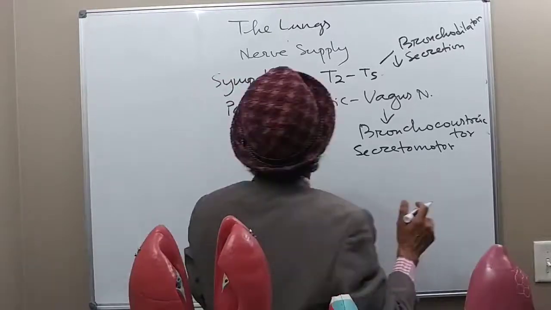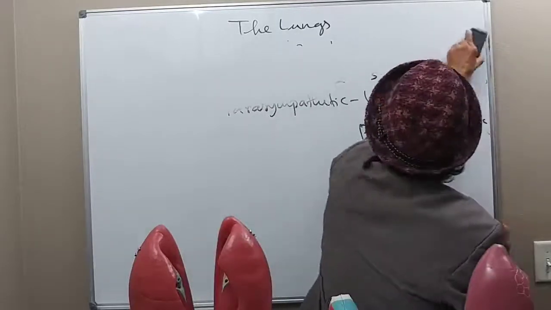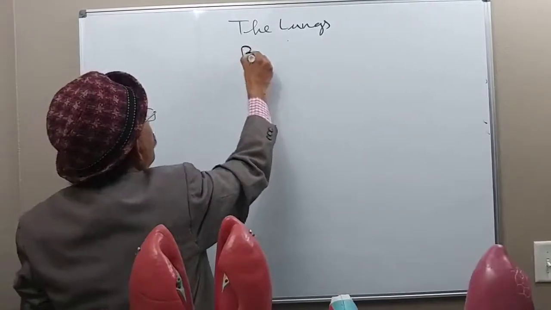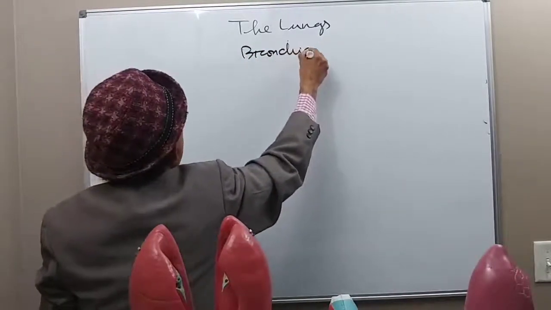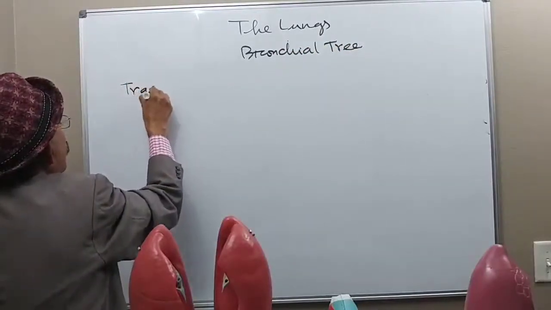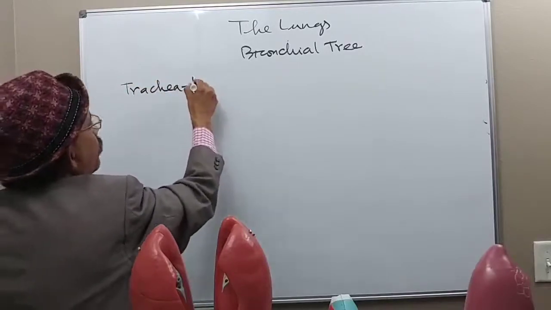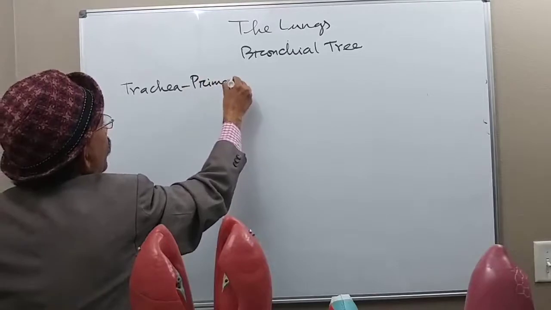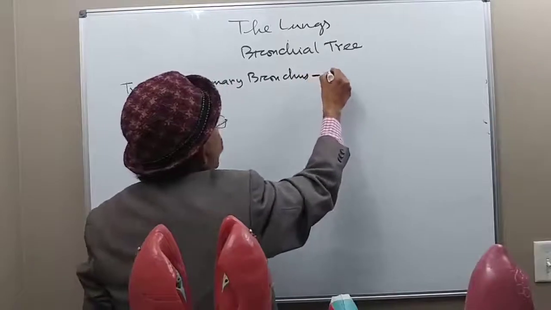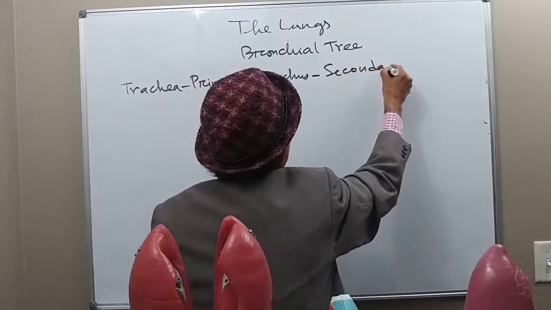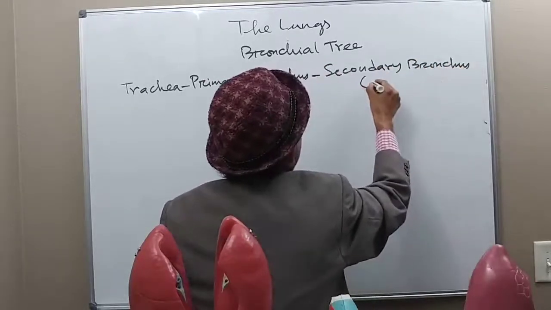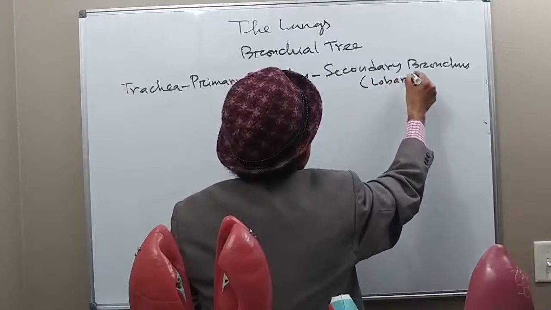Now we'll go to the bronchial tree. Bronchial tree is important to us. So if you go from the trachea, then we'll get the primary bronchus or main bronchus, then secondary bronchus, also called the lobar bronchus.